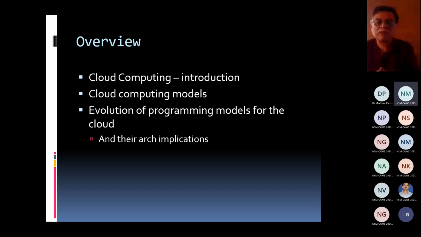That's essentially what this talk is about. I don't think I can cover everything because this is a fairly vast area. I'll try and give some feel to it. Please feel free to stop me and ask questions if you are in doubt about something.